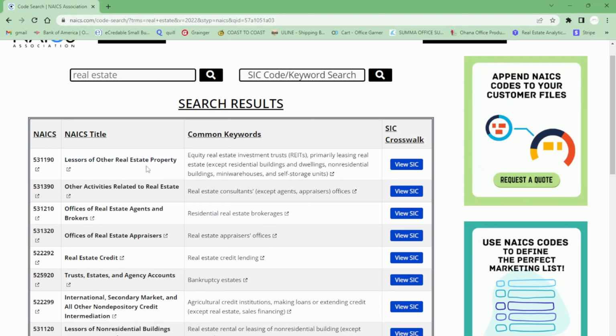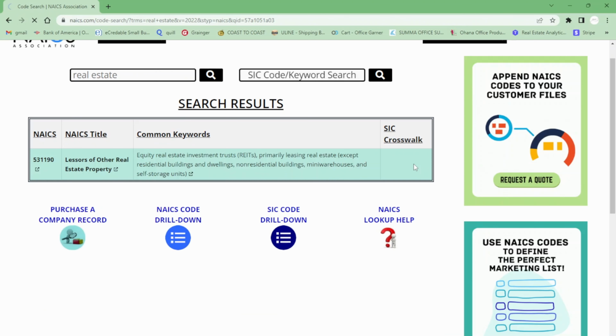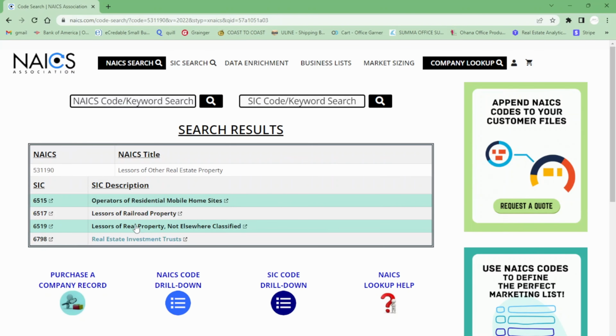If this is the industry you're in, make sure you click on View SIC, and then right here it gets even more specific: operators of residential mobile home sites, of railroad property, real property not elsewhere classified, real estate investment trust.